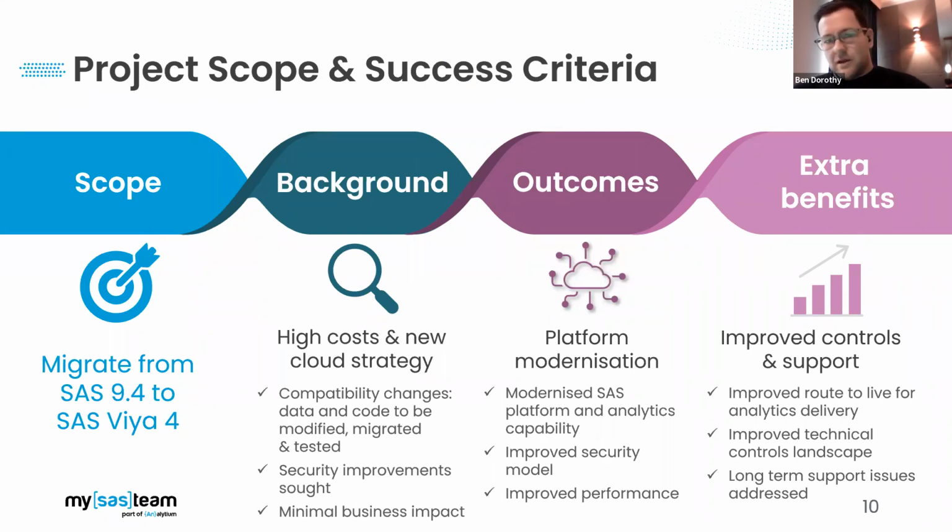They were experiencing quite high costs of their current infrastructure and were looking to realise some cost-saving improvements. They also had a number of controls which needed to be addressed across their platform, covering security and some of their route to live processes.